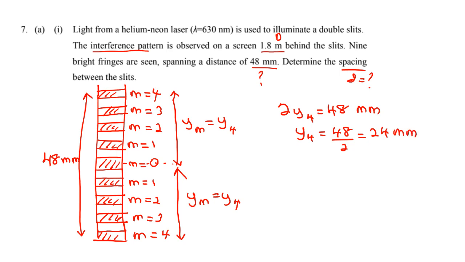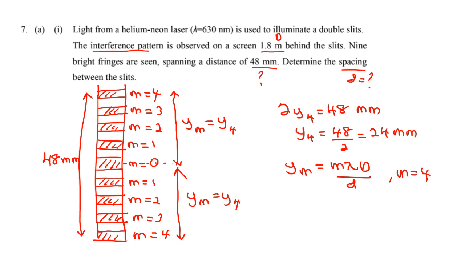Alright, what is the formula for y4? ym equals m lambda D over d. Okay, so in this case, m equals 4.